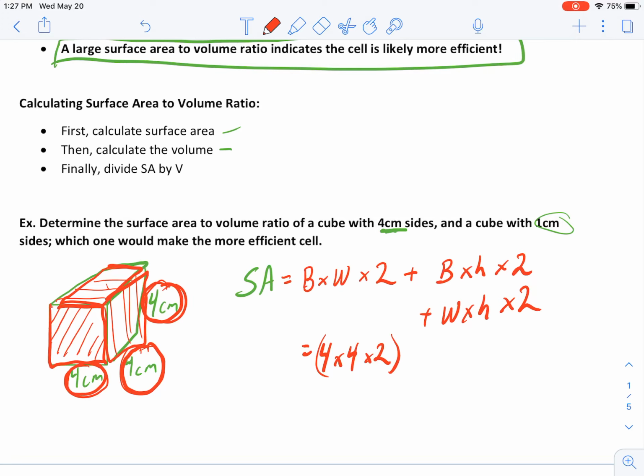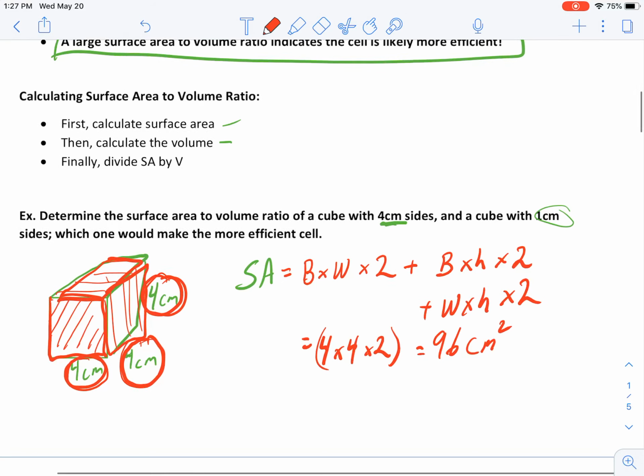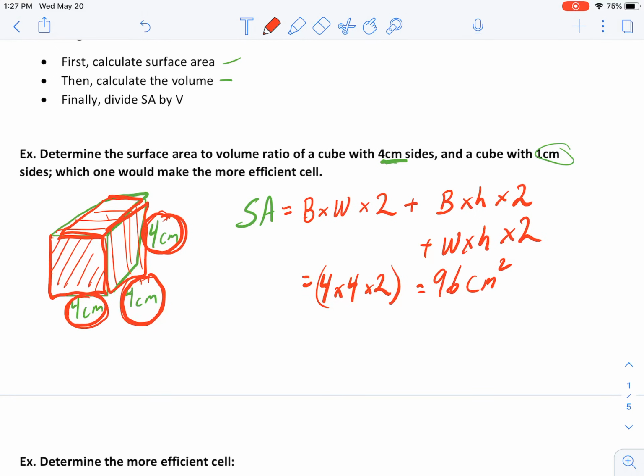Base times width times 2. 4 times 4 times 2 plus 4 times 4 times 2 plus 4 times 4 times 2 gives us 96 centimeters squared. So that's our surface area for the first cube.